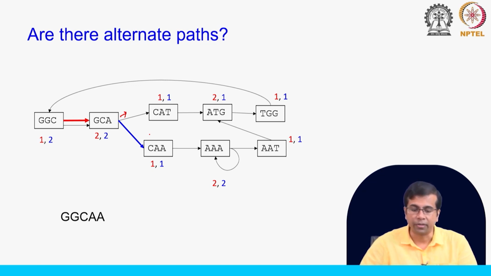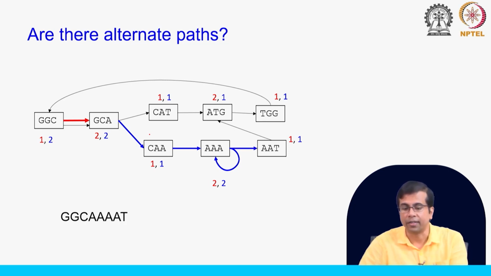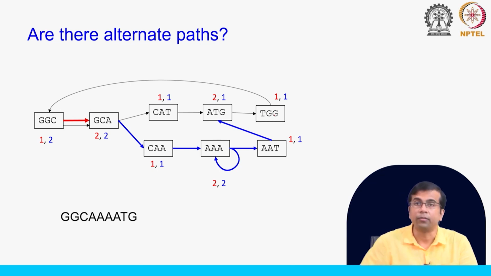So, we traverse through this. I will show you step by step, now highlighting with blue arrows, and this is the path that we are taking. We are also building the reference sequence, and then we take the self edge, adding these letters to the reference sequence, then we take the next step, then the next one. From this ATG, we have to go to TGG, that is the way the arrows are given in this graph.